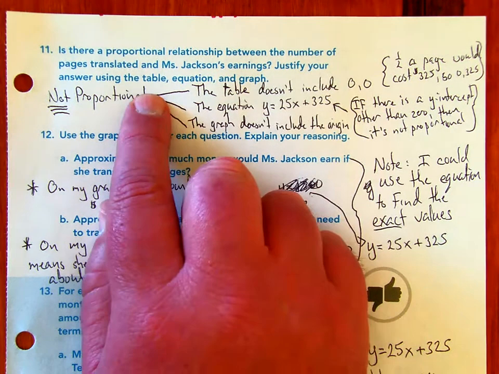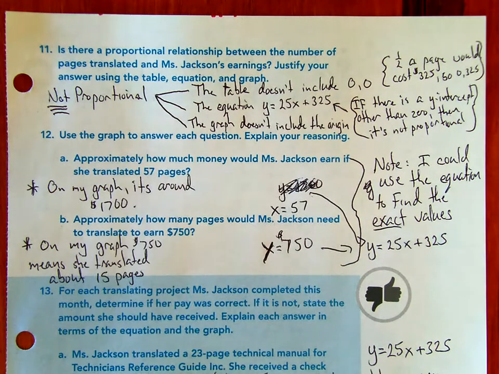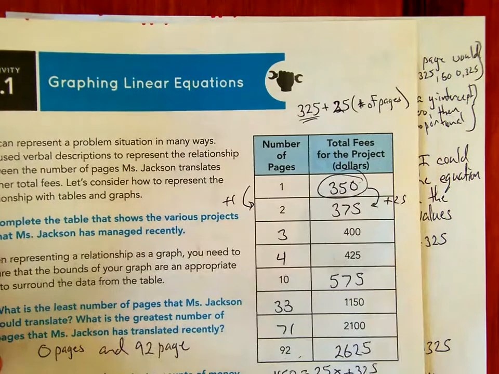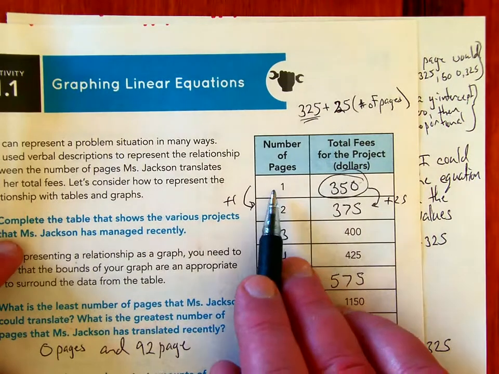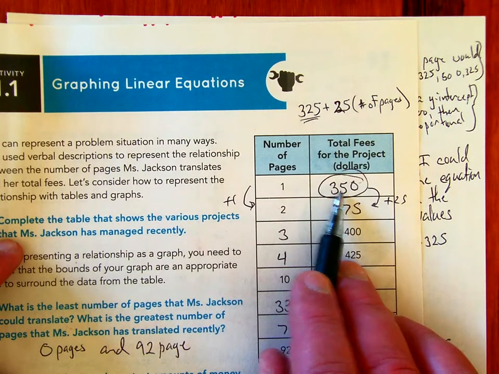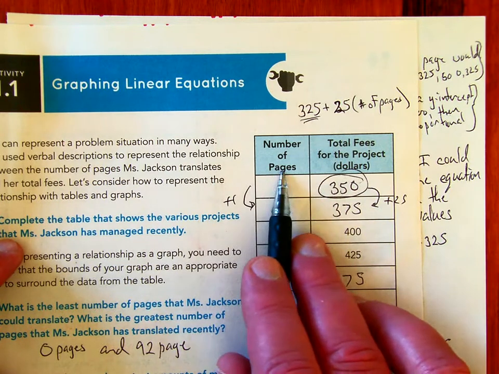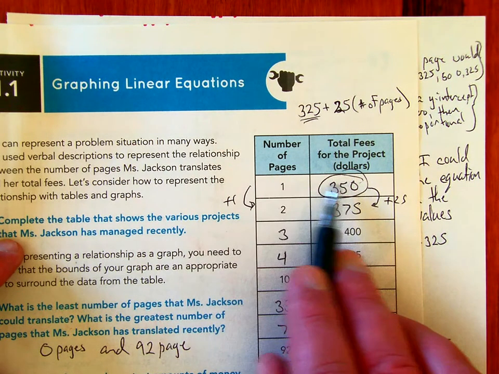In terms of a table, it would have to include the coordinate 0, 0. And if it includes it and all the numbers go up at the same rate, then it's proportional. Here, 1 is to 350, so 0 would be 325.